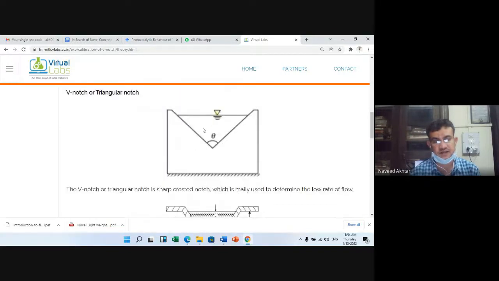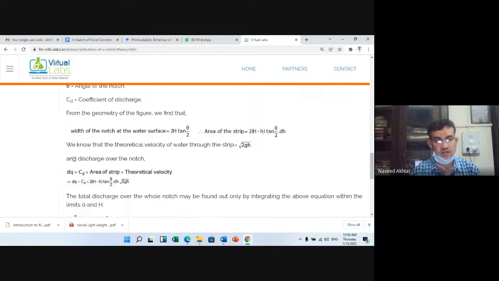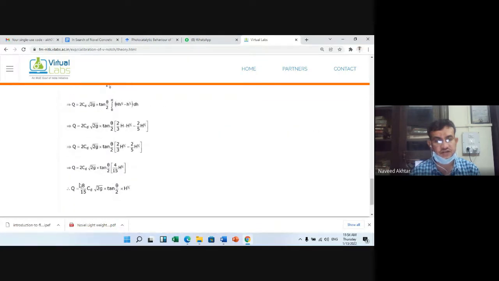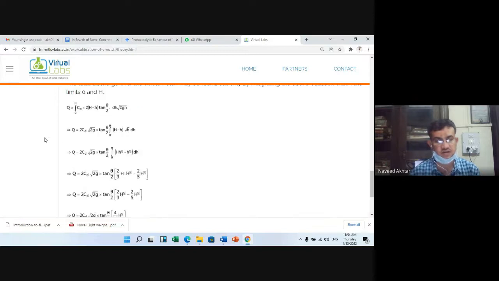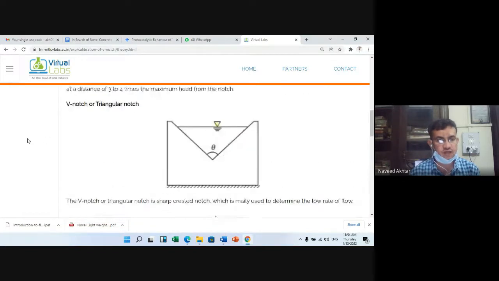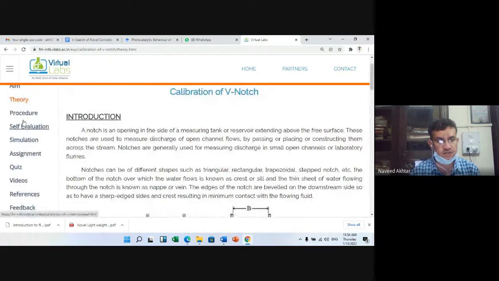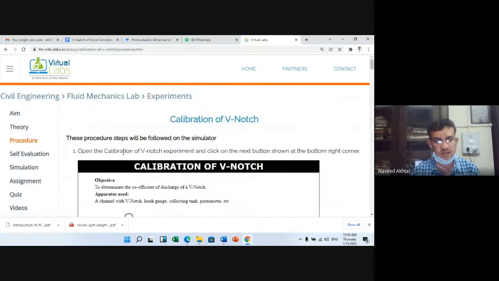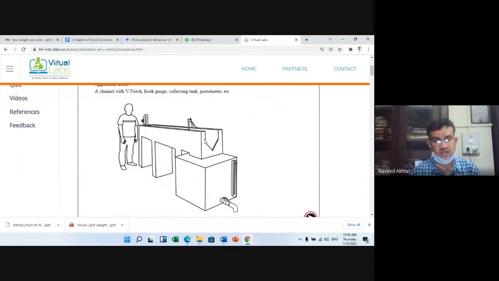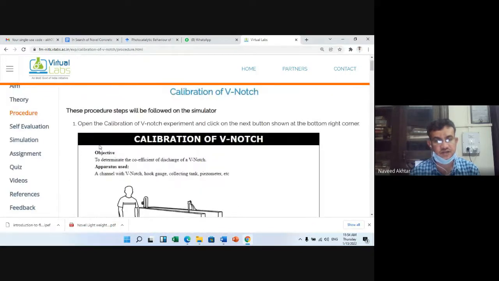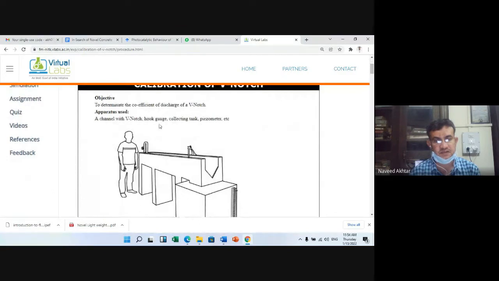In our practical, write down the derivation of the discharge formula for the V notch or triangular notch from here. For the procedure, you just have to fix the V notch in your experiment, and here we have fixed the triangular notch.